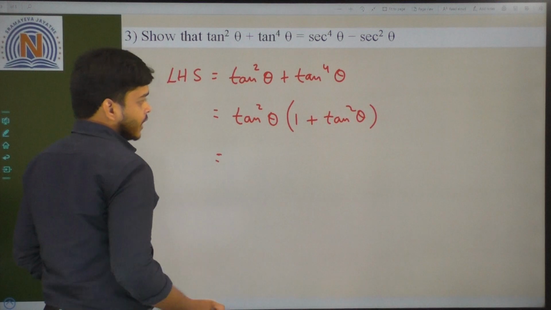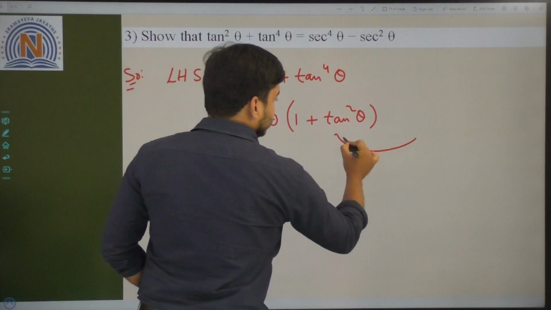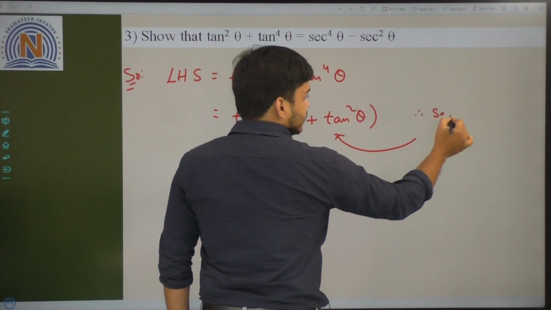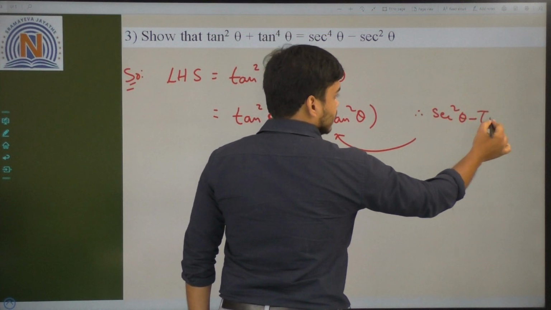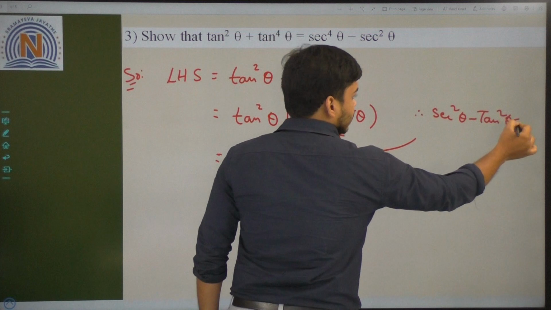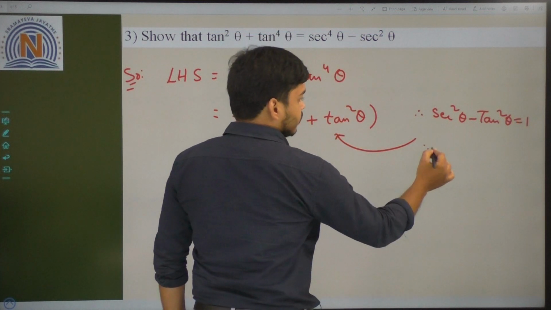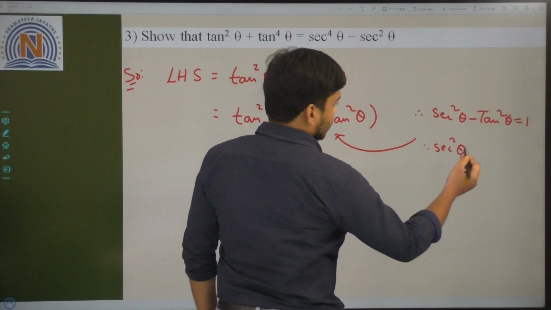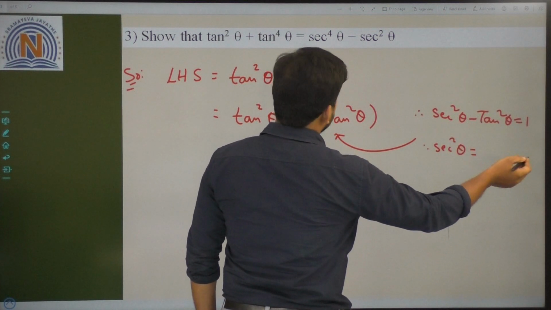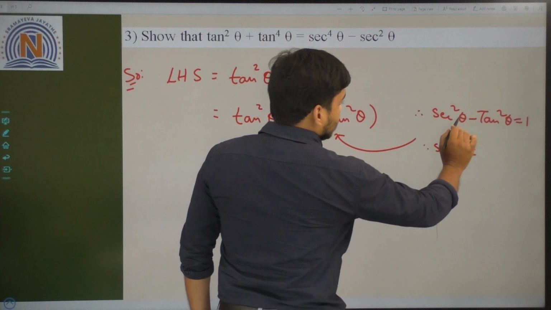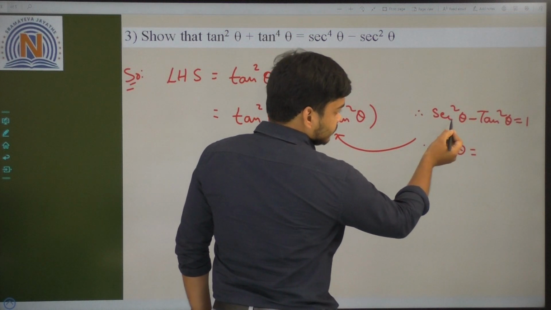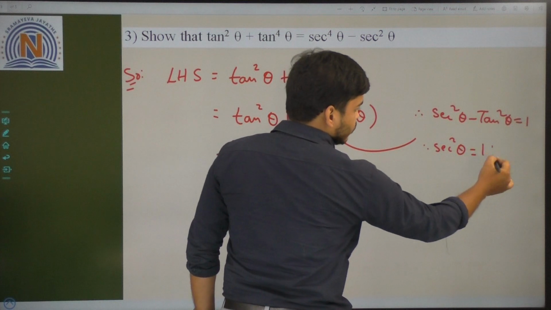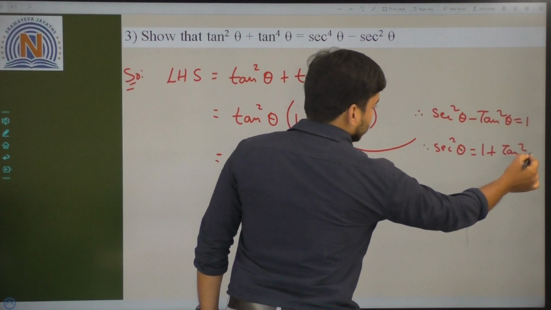Now here if you observe, we have an identity: secant square theta minus tan square theta value is 1. Therefore, sending minus tan square theta to the other side, secant square theta is equal to 1 plus tan square theta.